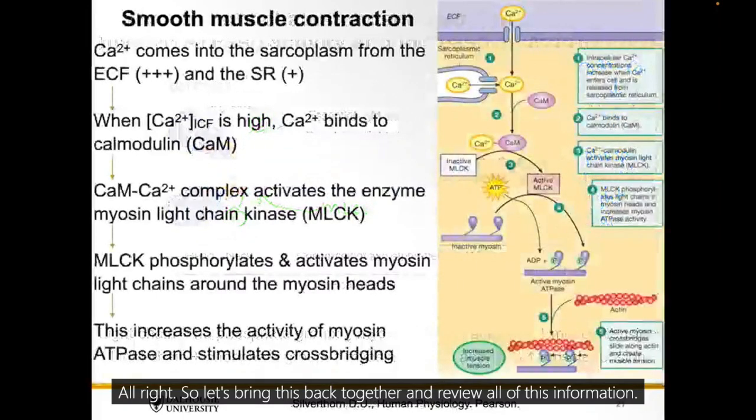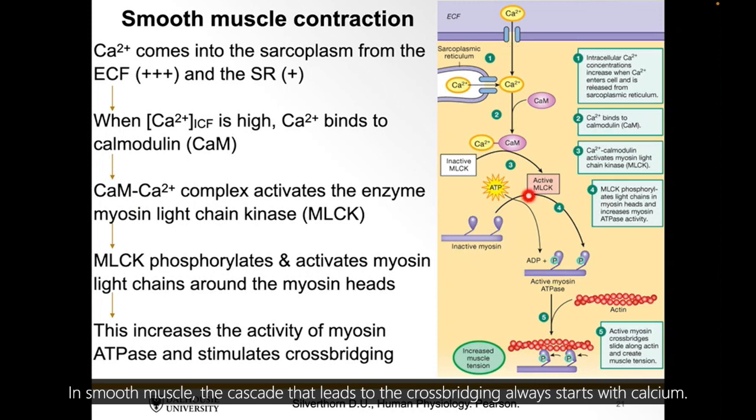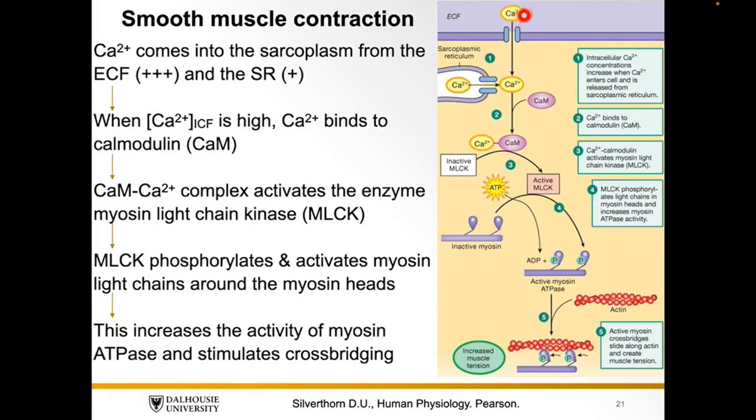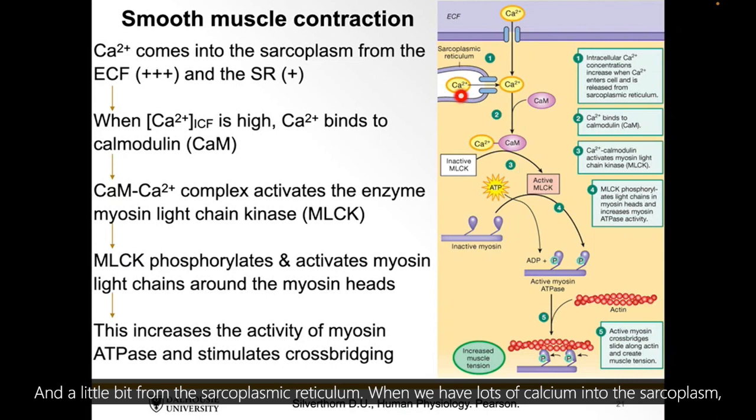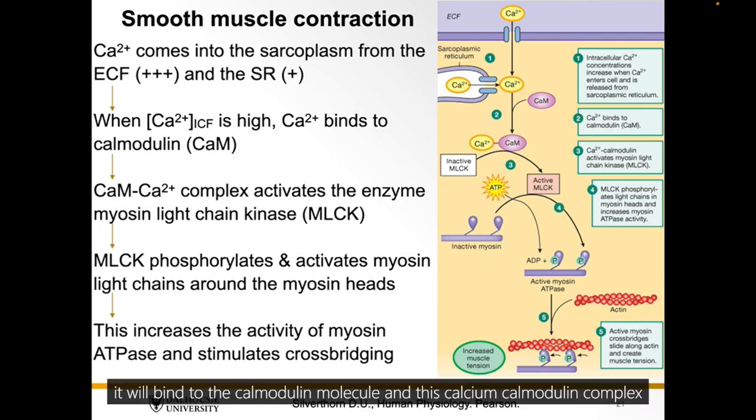All right, so let's bring this back together and review all of this information. In smooth muscle, the cascade that leads to the cross-bridging always starts with calcium. Calcium comes primarily from outside of the cell, the extracellular fluid, and a little bit from the sarcoplasmic reticulum. When we have lots of calcium in the sarcoplasm, it will bind to the calmodulin molecule.